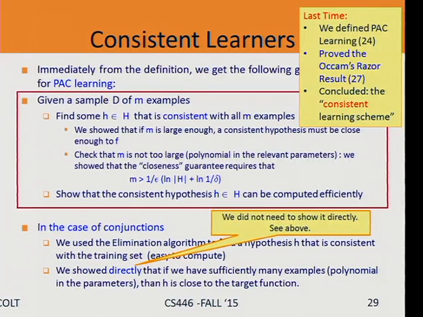We proved what we called an Occam's razor result, something that shows the dependence of learnability on some complexity parameters, epsilon, delta, n, and how many examples you need to see and be consistent with, so that you can guarantee that with high probability you're going to make little error in the future.